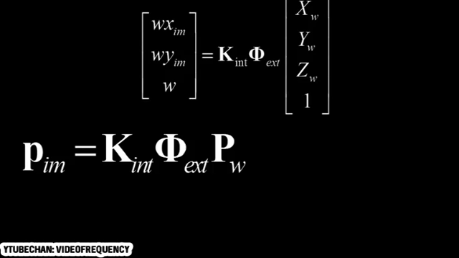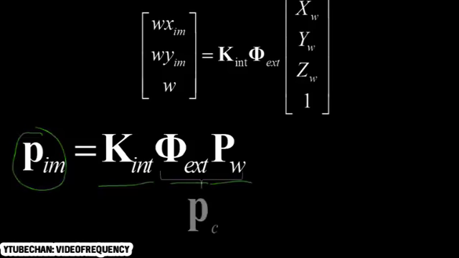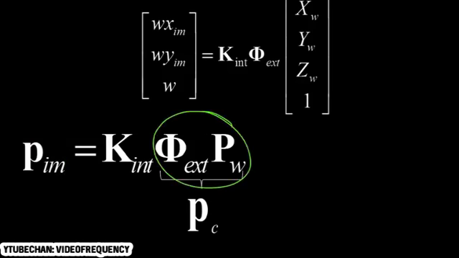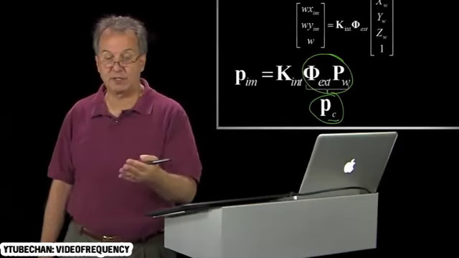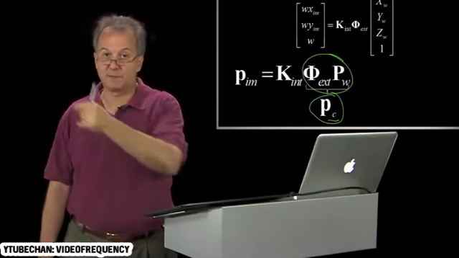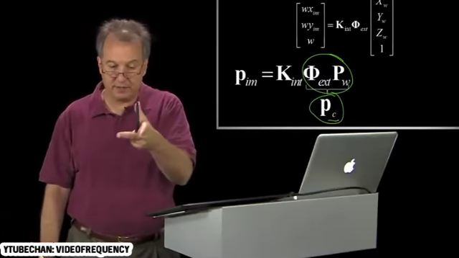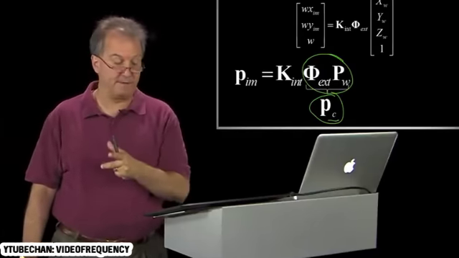All right, so I'm going to write it this way. The point in the image, and this is a homogeneous point, is a point in the world multiplied by the extrinsic matrix multiplied by the intrinsic matrix. But this, of course, is just the world point put through the extrinsics. That is the location of the point. It's a 3D point, but it's in the camera frame. Remember that the extrinsic matrix maps us from some arbitrary world frame into the 3D frame of the camera.